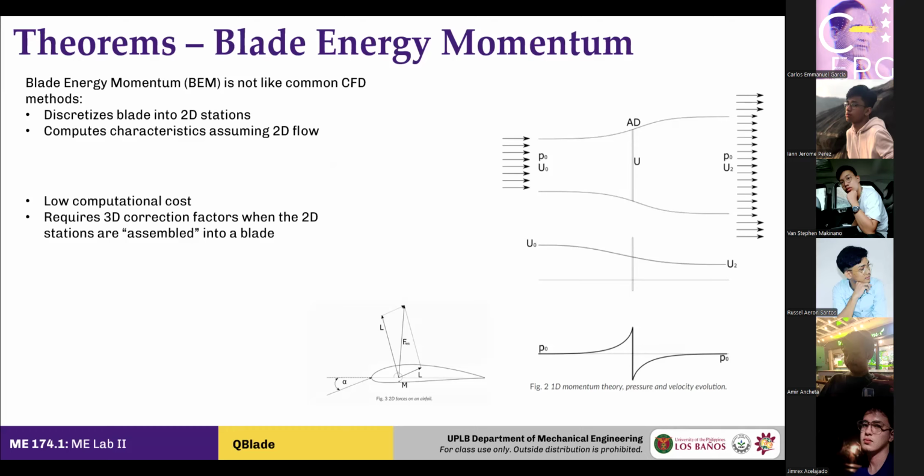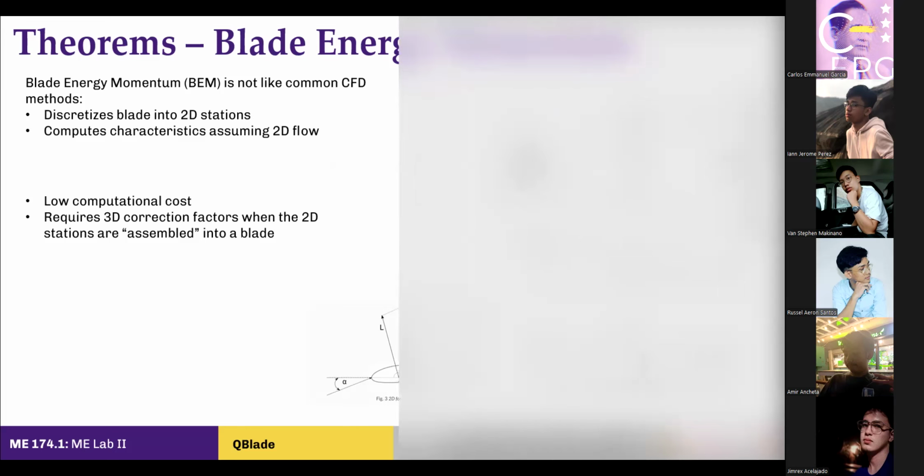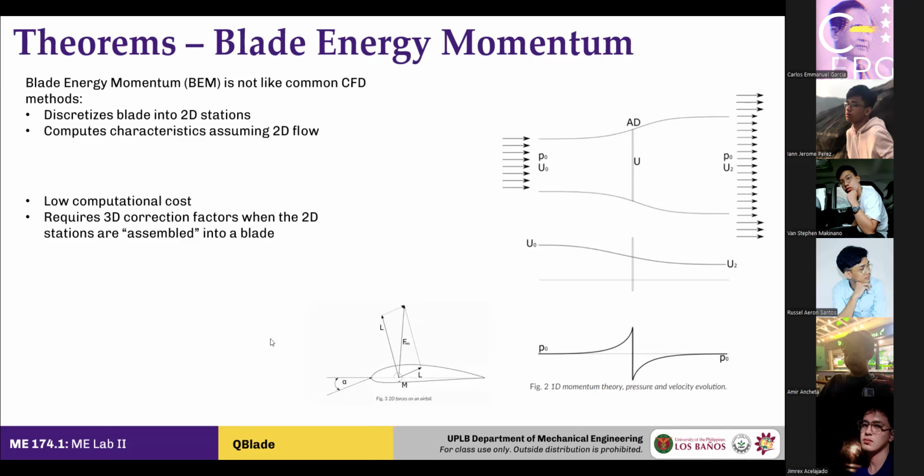Pero yun nga, dahil chinop-chop mo yung blade into 2D segments, tapos nag-simulate ka ng flow around those 2D segments, pag binalik mo na sila together, may kailangan kang gawing corrections because, of course, magkakaroon ng another dimensionality to the flow. So, yung old QBlade, yung na-experience namin under Sir Danao 10 years ago, I think 10 years ago ba or 8 years ago, was parang naglalagay siya ng correction factors in order to account for yung three-dimensionality ng blades.